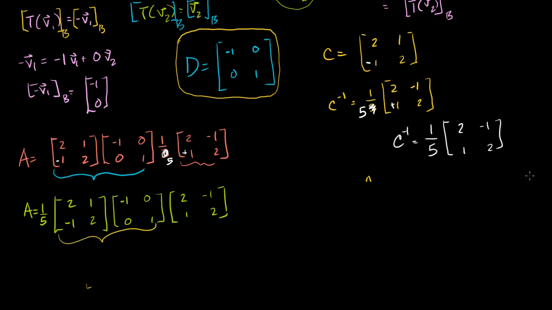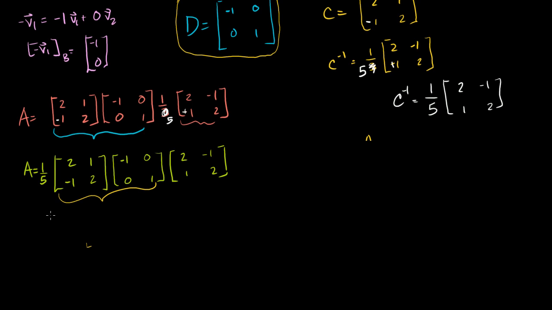So first we can do these two guys right there. It's going to be 1/5 times, we have 2 times minus 1 plus 1 times 0, so it's minus 2. 2 times 0 plus 1 times 1 is 1. Minus 1 times minus 1 plus 2 times 0, so that's just 1. And then minus 1 times 0, which is 0, plus 2 times 1, which is just 2. And then we multiply it times this guy, 2, minus 1, 1, 2.